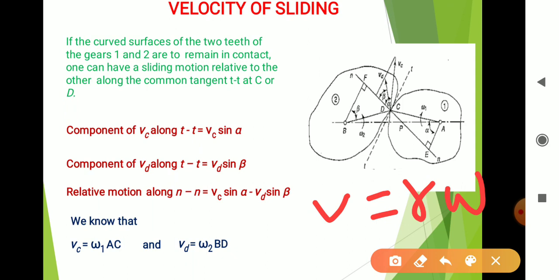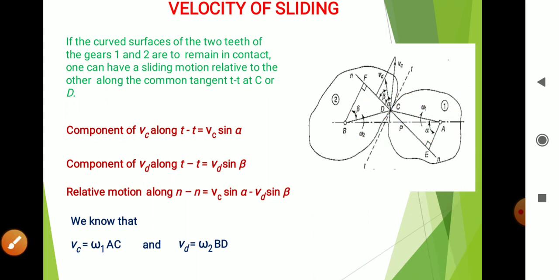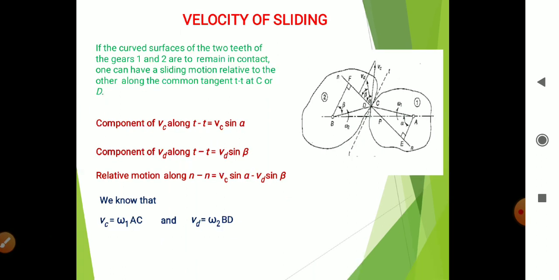So see here, VC is nothing but omega 1 into this radius AC. Again, VD is nothing but omega 2, this angular velocity, into this radius BD. So VC is equal to omega 1 into AC, and VD is equal to omega 2 into BD.